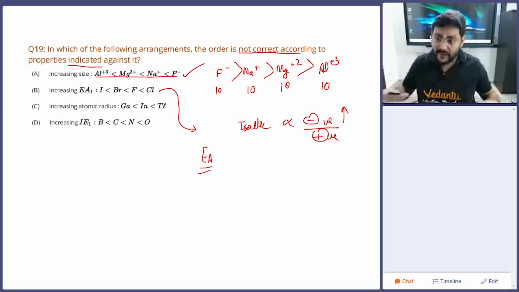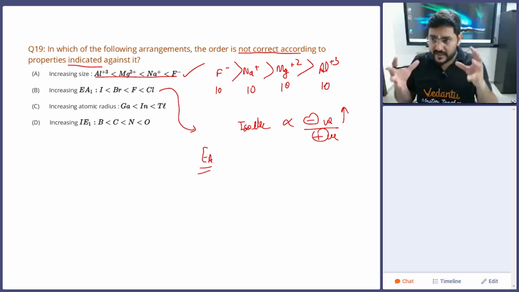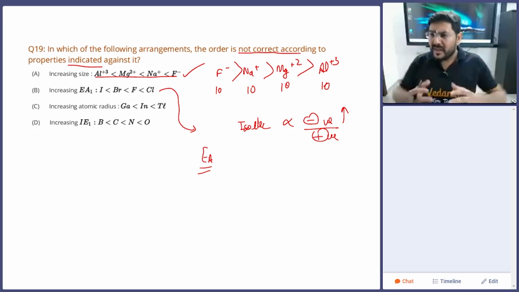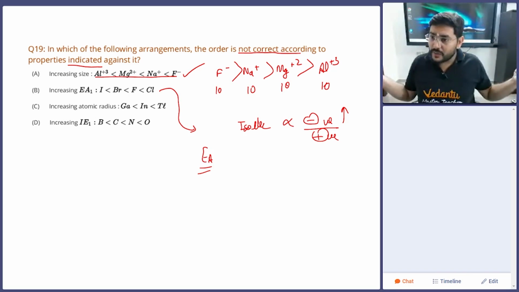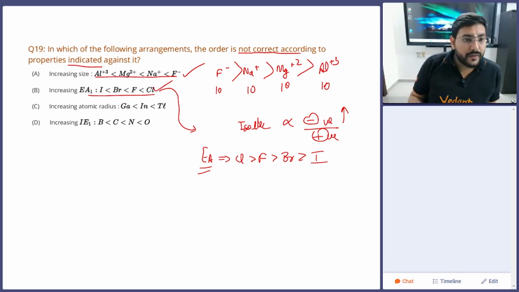Consider an example: in a family with a small house, you put one more member, so repulsion is going to be there. In a large house, you put one extra member, it can easily accommodate it. Why? Because the space is there. So the electron affinity order is chlorine, then fluorine, then bromine, then iodine. This is what they have given. Yes, perfect.